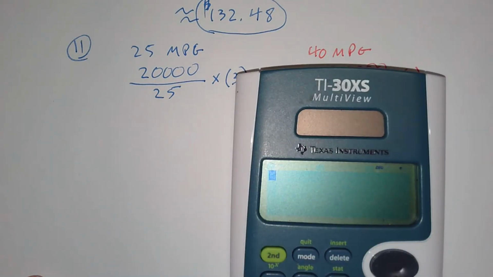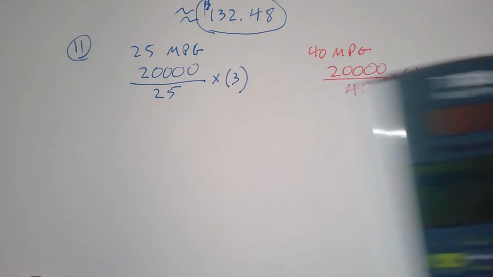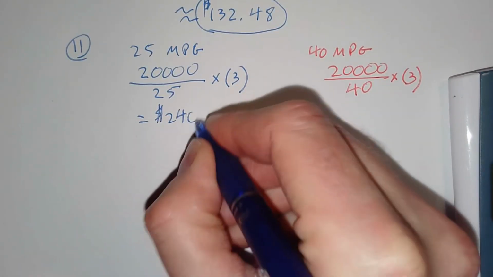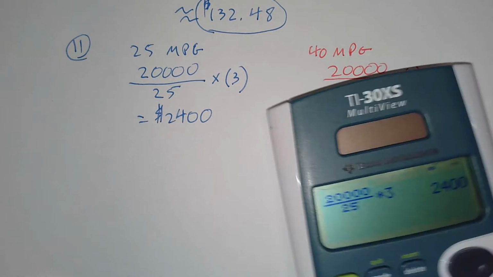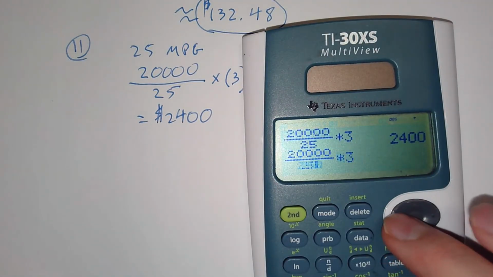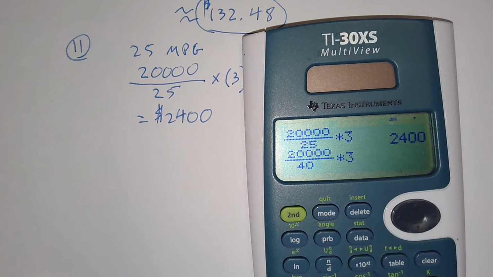So we're going to take 20,000 divided by 25 times 3. So that's $2,400. And then we're going to do the same thing, except I'm going to change that to 40 for the second car.